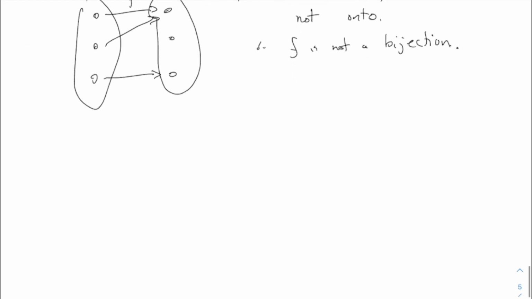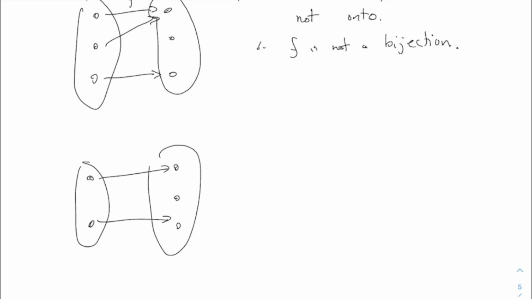How about, what if I had something like this? Another function here. Is it one-to-one and is it onto? What do you say, one-to-one? Yes, it is one-to-one. And it is not onto because I missed one of the points over there.